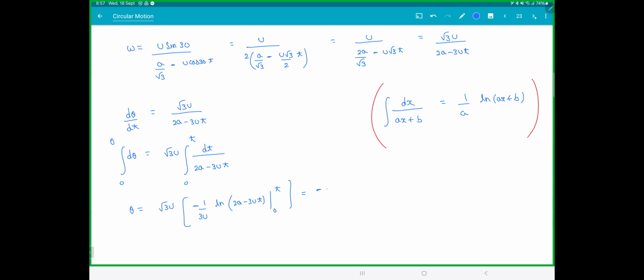You end up with minus 1 by root 3. Substitute the values: ln of 2a minus 3ut, minus ln 2a. Send the minus sign inside, you will get 1 by root 3 and ln a by b. That is ln 2a by 2a minus 3ut. There, that is the angle rotated as a function of time t.